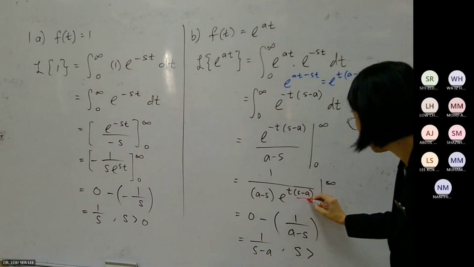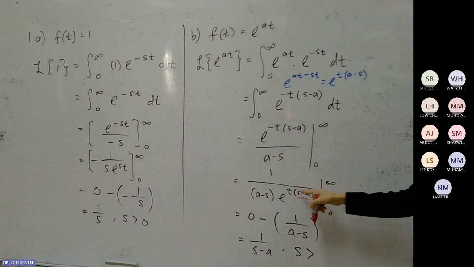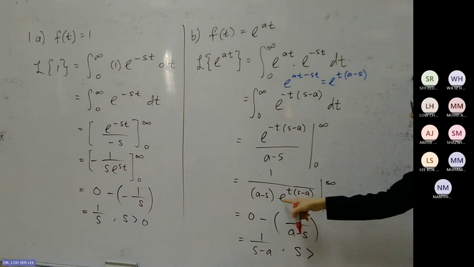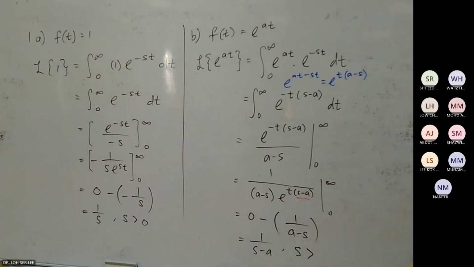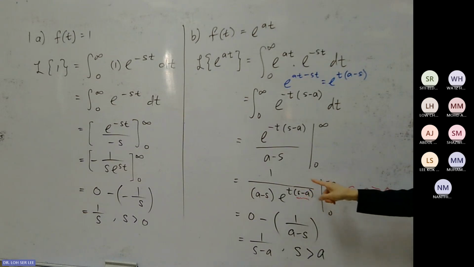Here, we assume this is positive. That's why your e can stay here. We assume this one as positive. So s minus a greater than 0, meaning that s is greater than a, because this is assumed as positive.